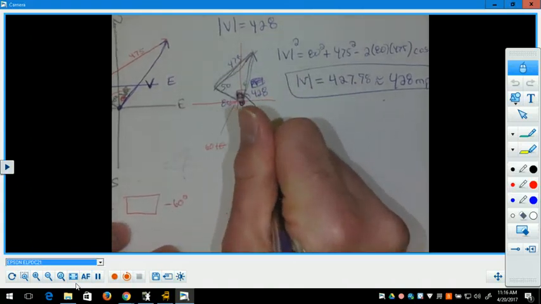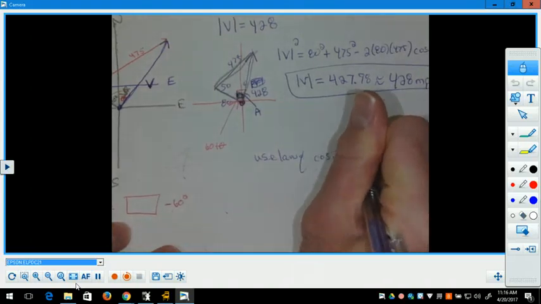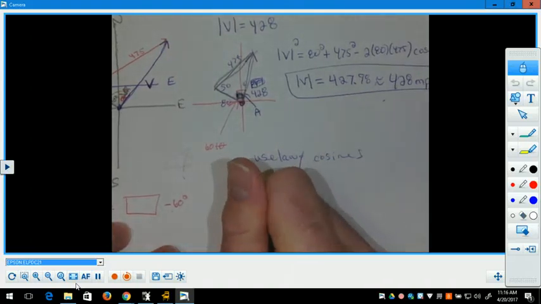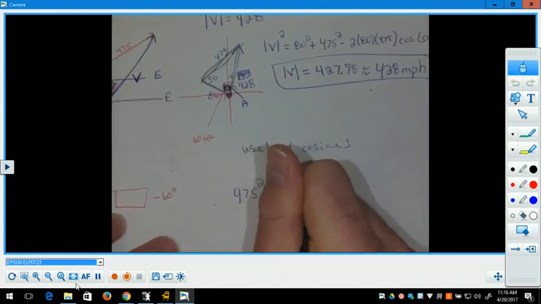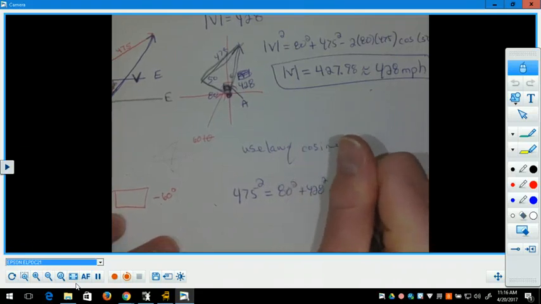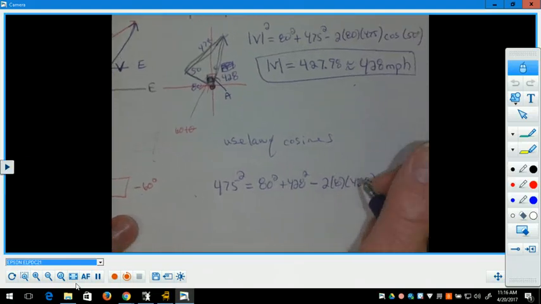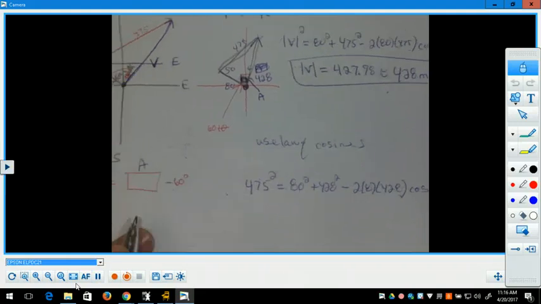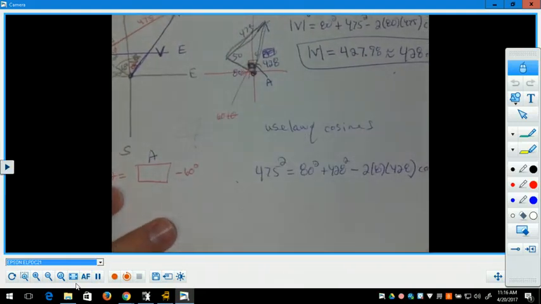So using law of cosines to find the angle, I have 475 squared equals 80 squared plus 428 squared minus 2 times 80 times 428 times cosine of angle A, which this box over here is angle A. That whole angle in our triangle.